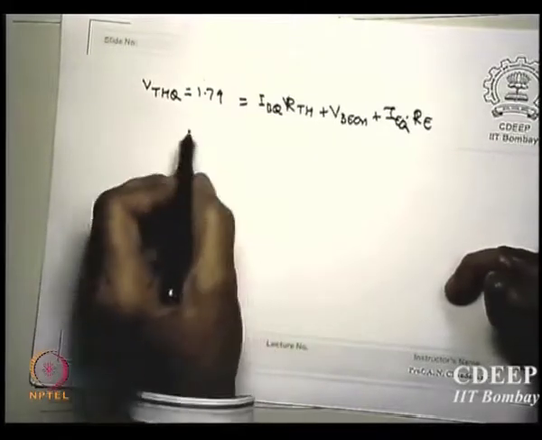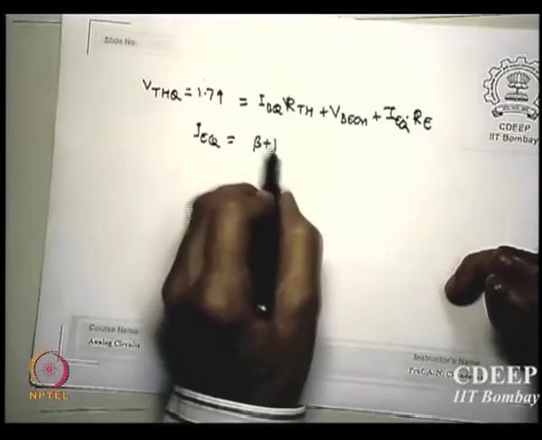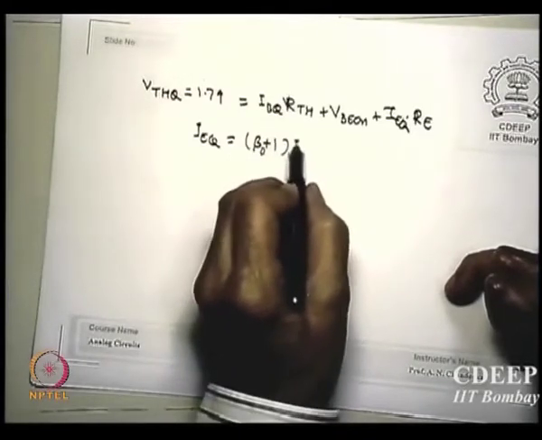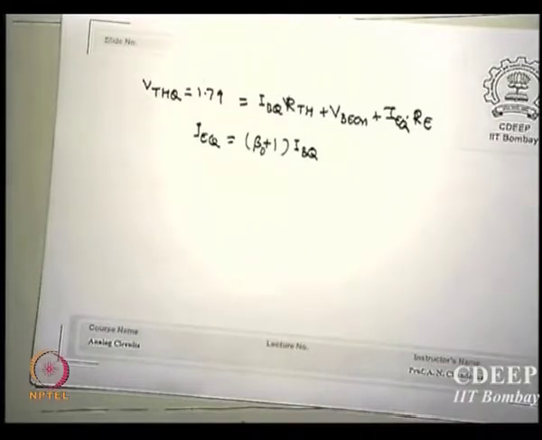How much is IEQ, I said? In terms of IB, it is beta plus 1, beta 0 plus 1. Is beta 0 the same as beta? For all practical purposes, yes. Otherwise, I must specify beta DC independent of AC beta.